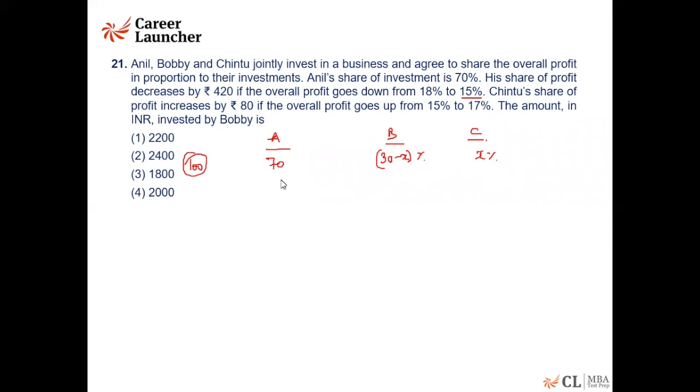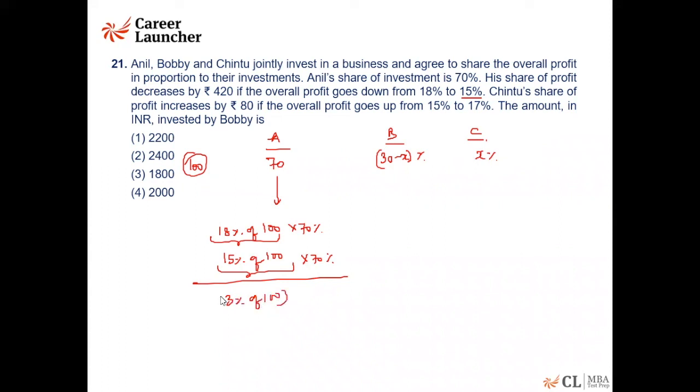Now, if the profit happened to be 18%, 18% of 100 rupees would have been the total profit, out of which 70% must come to A. If it was 15%, 15% of 100 would have been the total profit, out of which 70% would come to A. So the difference in this case is nothing but 3% of 100 and 70% of that, which is equal to rupees 2.1.